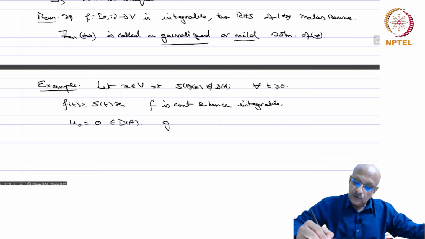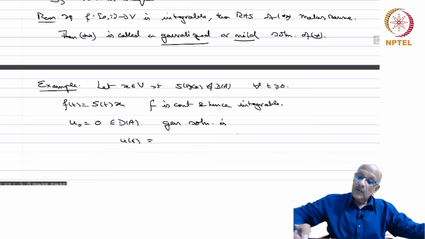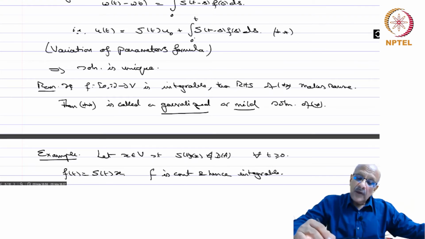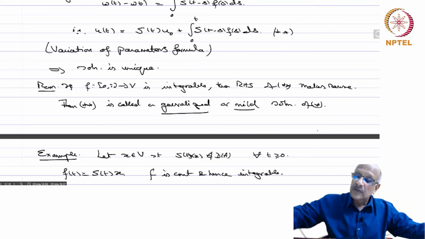the generalized solution is u(t) equals integral from 0 to t of S(t minus s) f(s) ds, where f(s) is S(s) x. So, S(t minus s) and S(s), that composition will give you S(t) x, which will come out of the integral.